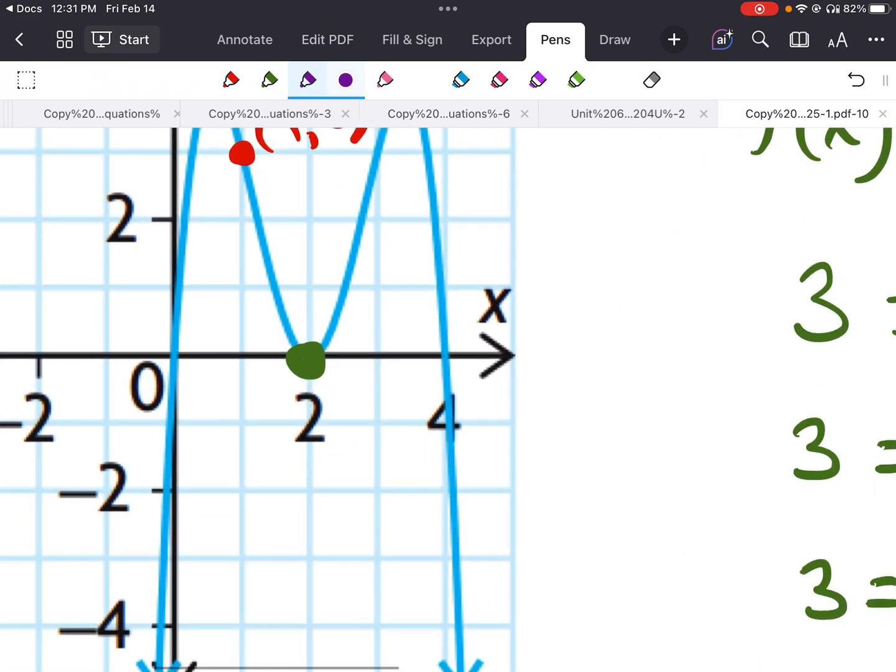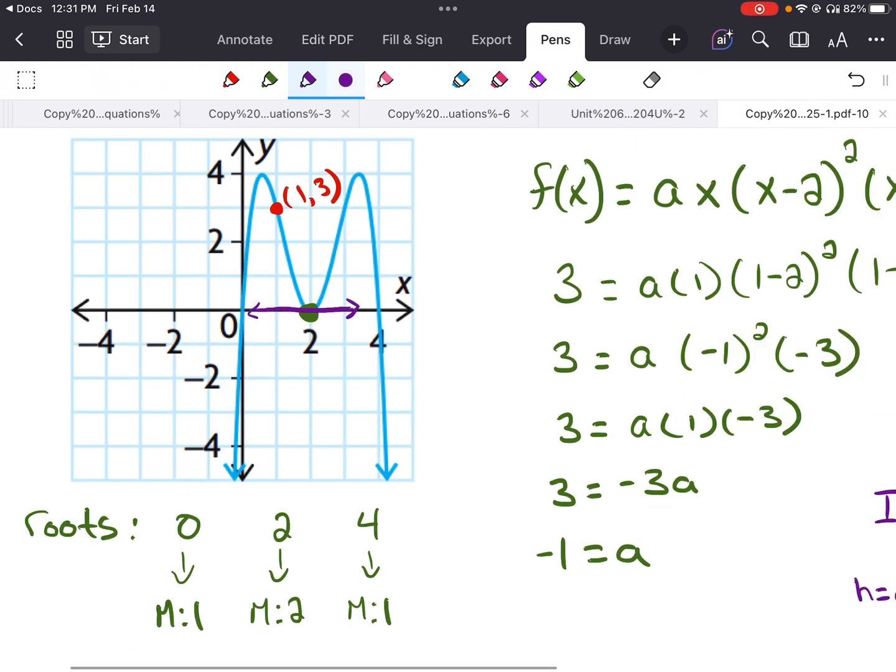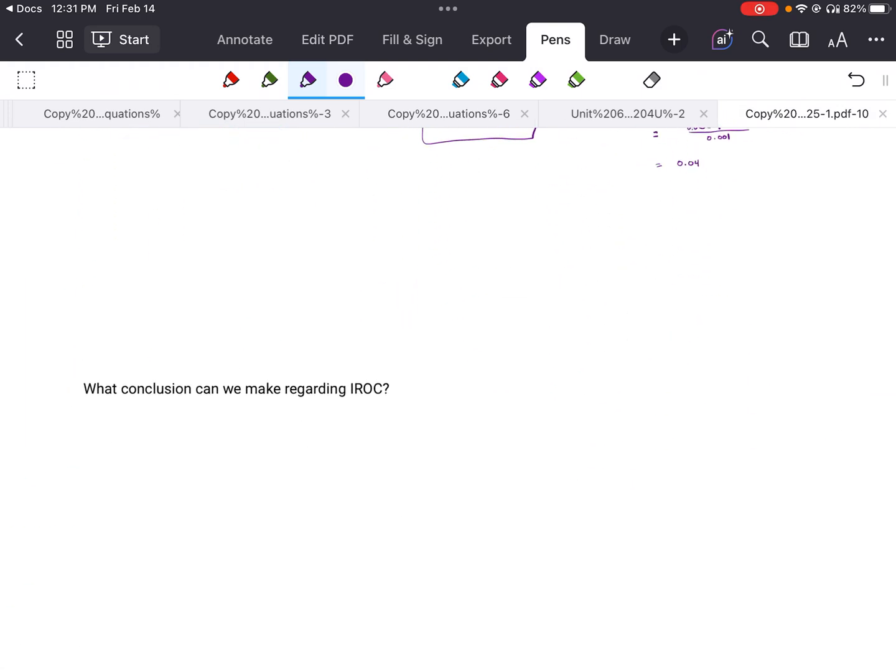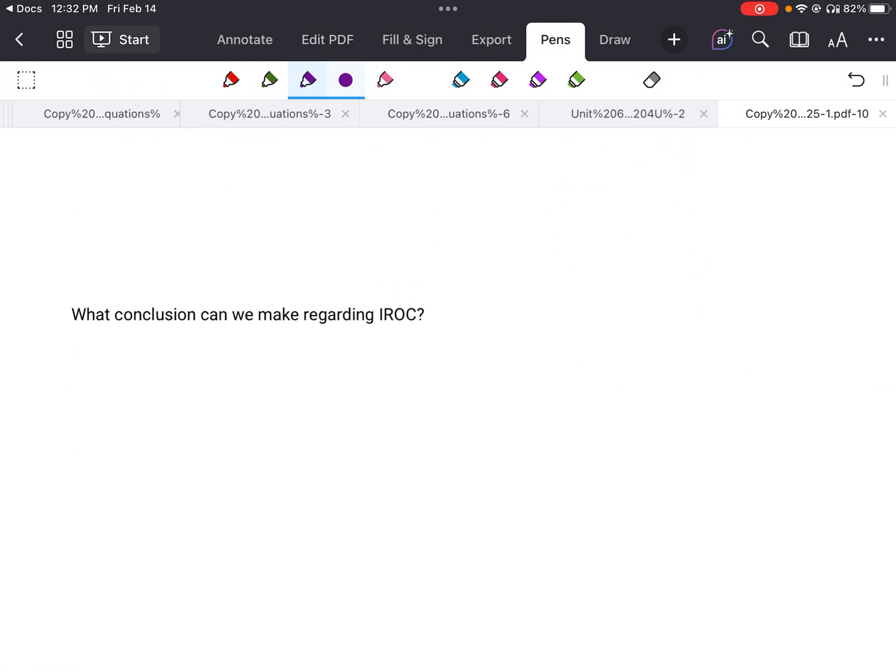Okay, and this is something that we need to know. So we can see that 2 is a turning point, and we just figured out that the instantaneous rate of change at 2 has a slope of 0. So what conclusion could we make about that?